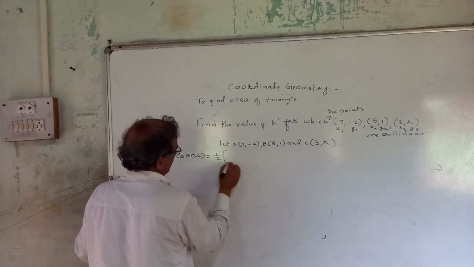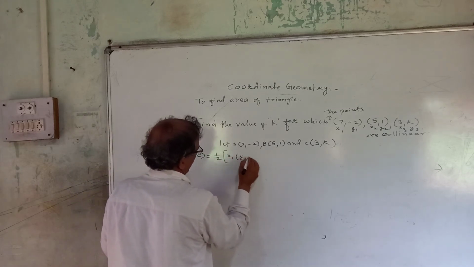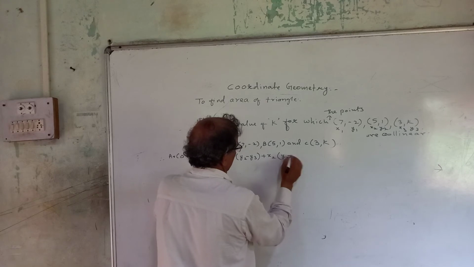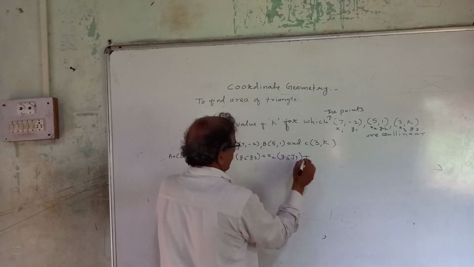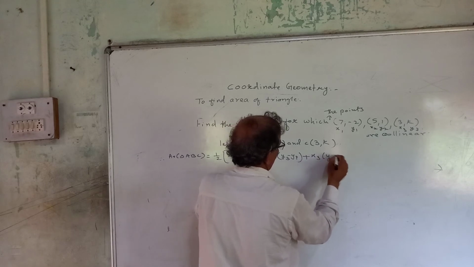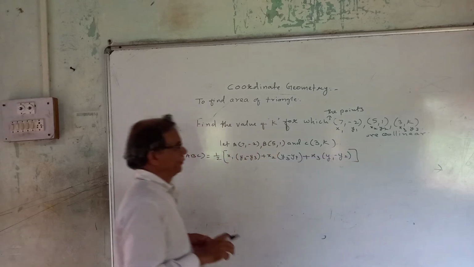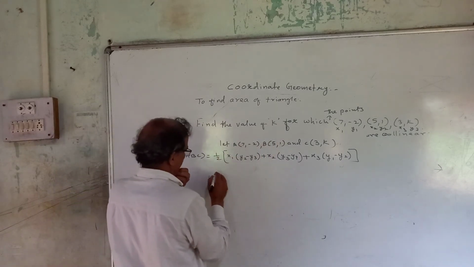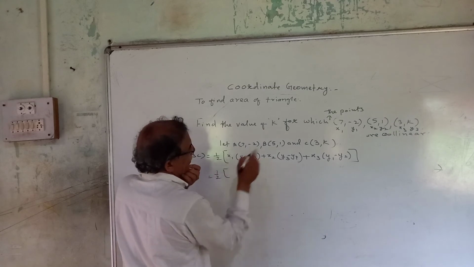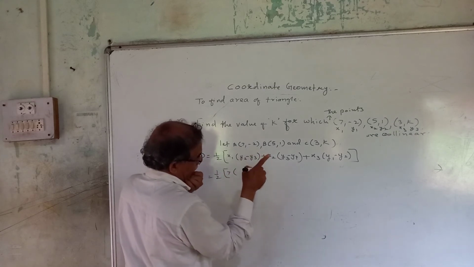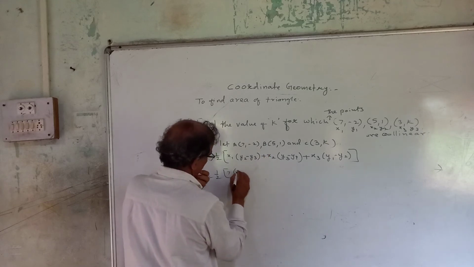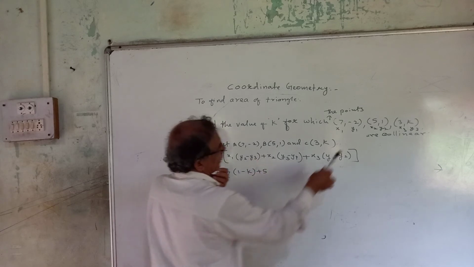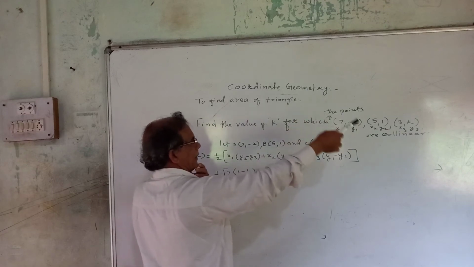So therefore, now area of triangle ABC, our formula is x1 into y2 minus y3 plus x2 into y3 minus y1 plus x3 into y1 minus y2. This is our formula. Now let us find the area. If you want to find the area of the triangle formed by these 3 coordinates, it will be half. x1 means how much now? 7 into y2 minus y3 means y2 means 1 minus k plus x2 means 5 into y3 minus y1.